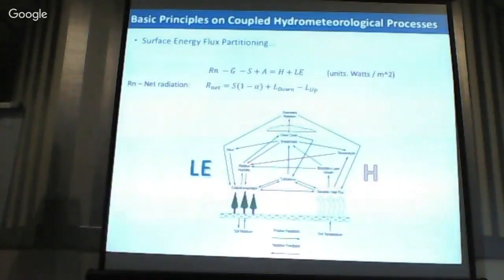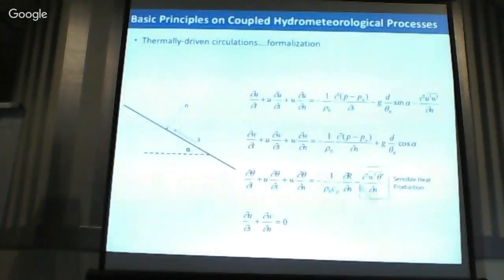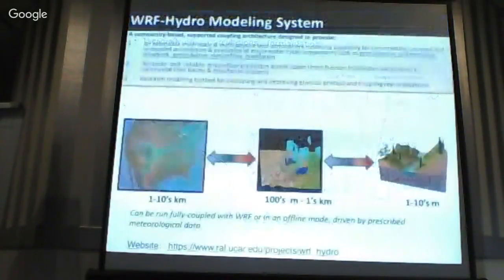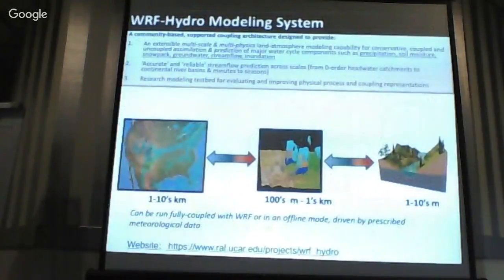So there are some subtle trade-offs that we're really starting to look into as it relates to the feedback from soil moisture back to the atmosphere in this region. And this complex terrain circulation is just a big complicating factor on top of the regular energy partitioning at the land surface.